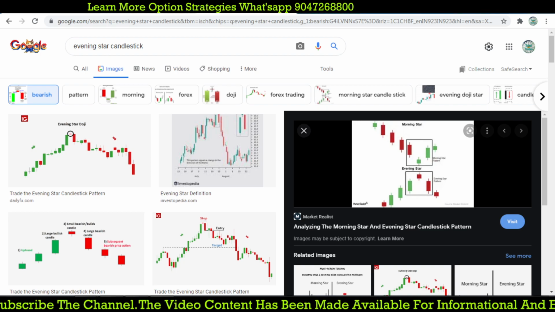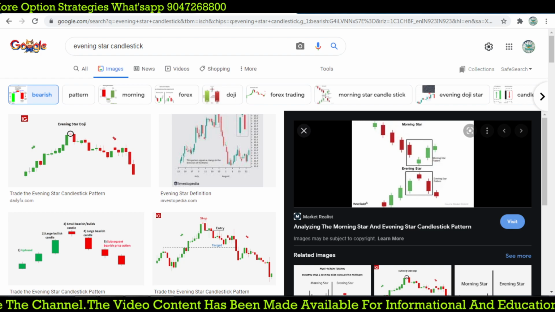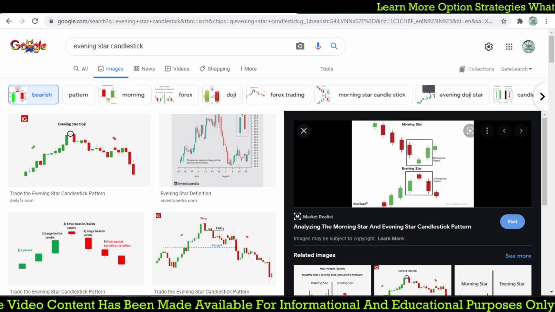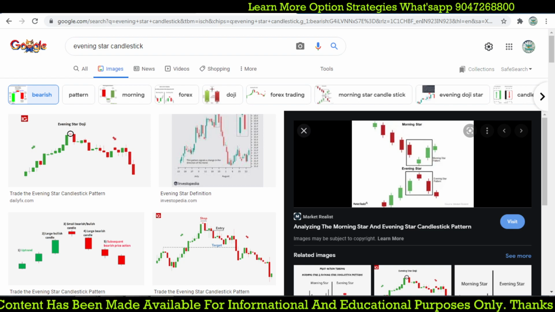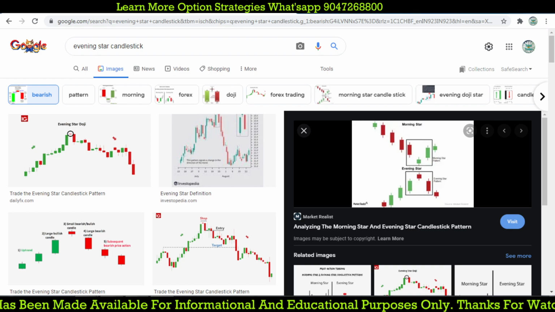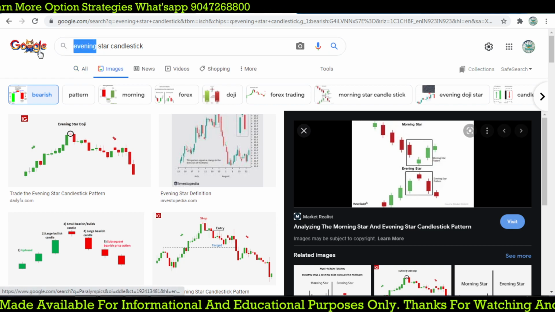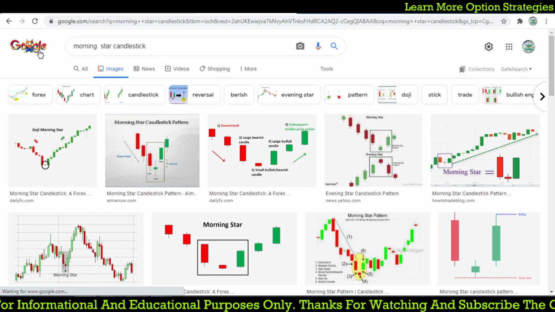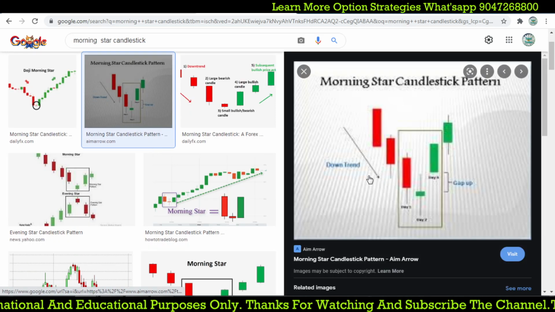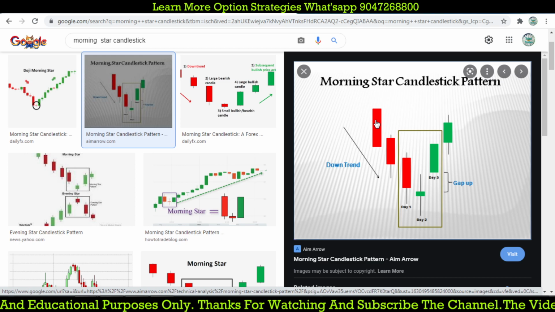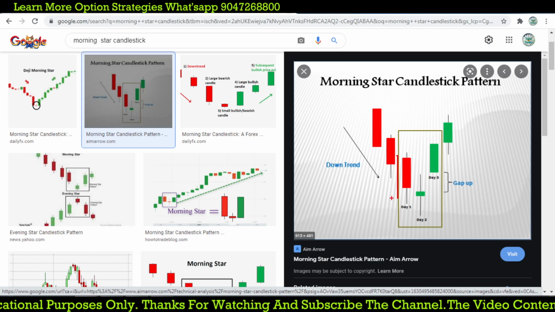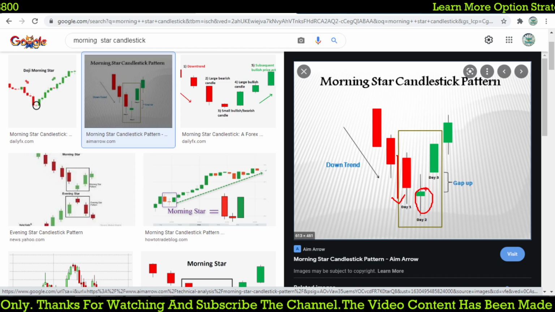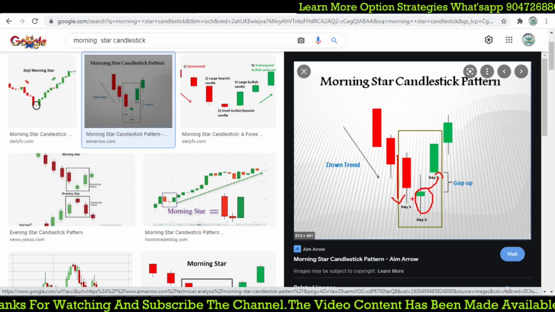This is another video. In the last video we discussed the evening star candlestick, a bearish reversal based on a three-candlestick pattern, and in this video we are going to detail the morning star. It is the opposite of the evening star, a bullish reversal. The first candle should be red, the second should gap lower than the previous candle, and the next should gap up from the second candle.